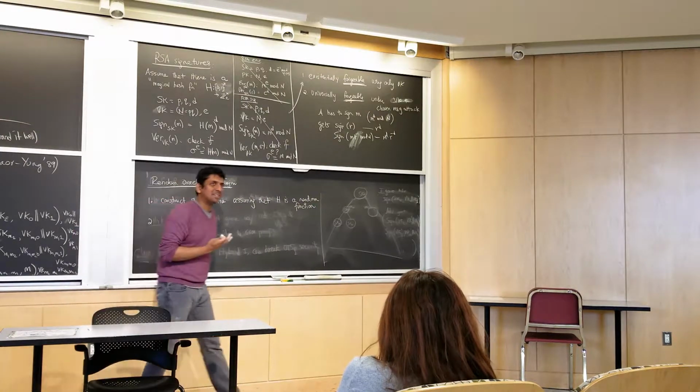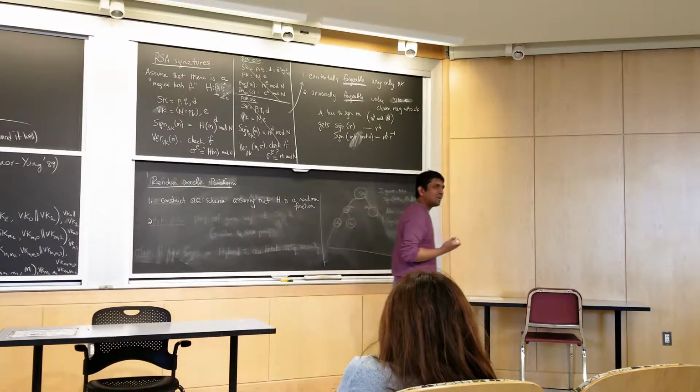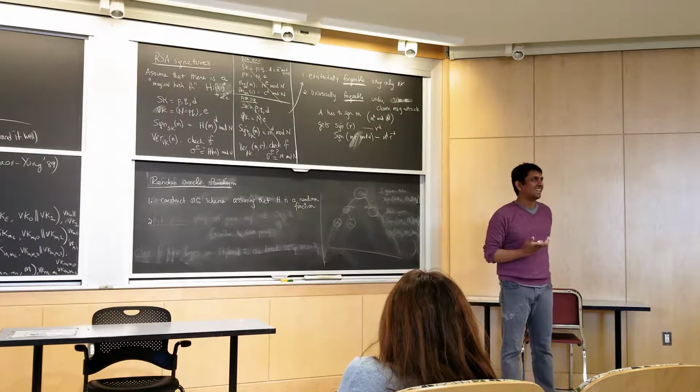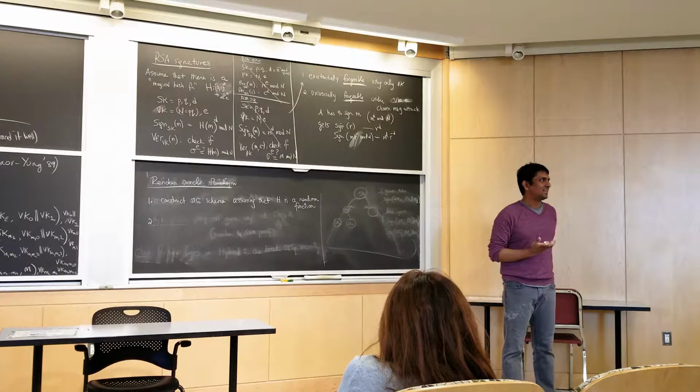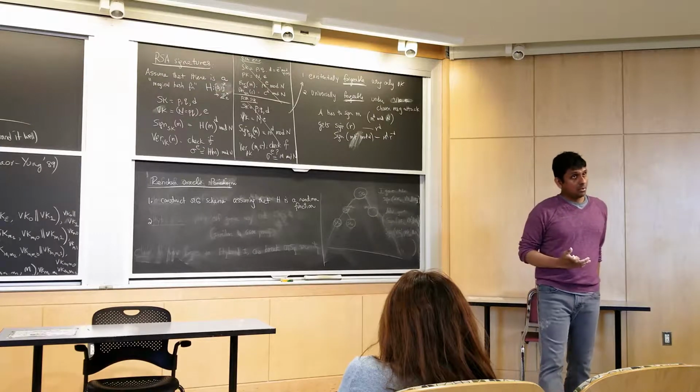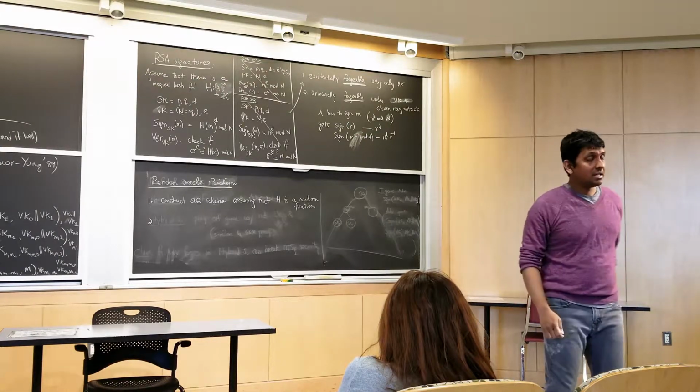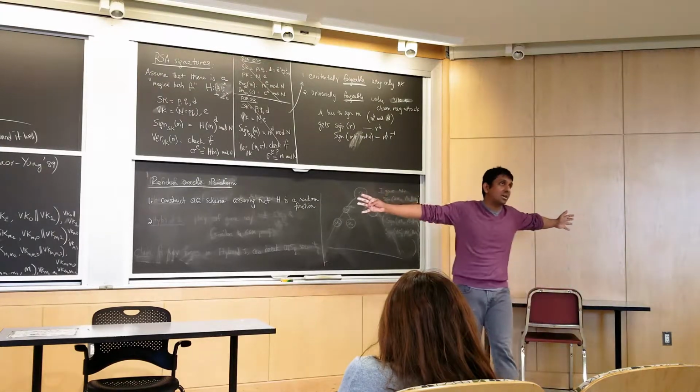Well, I can't stop here. Yes, what is the problem with a random function? It's non-deterministic. Okay, so by a random function, what I mean is the following. Consider the space of all functions.